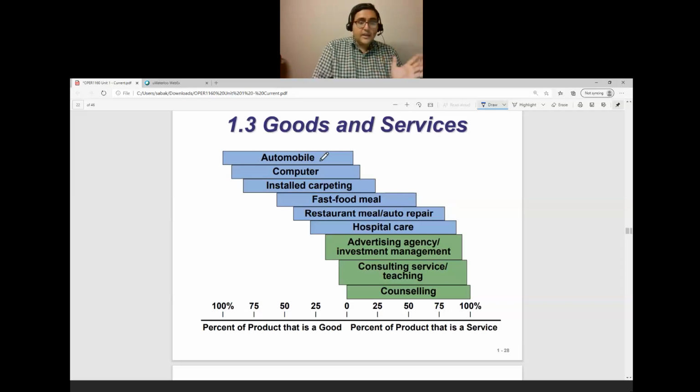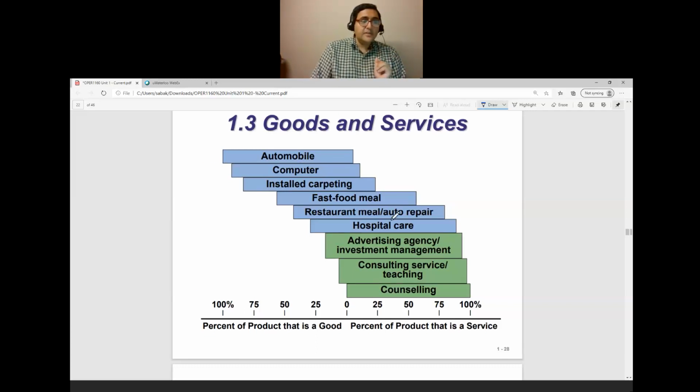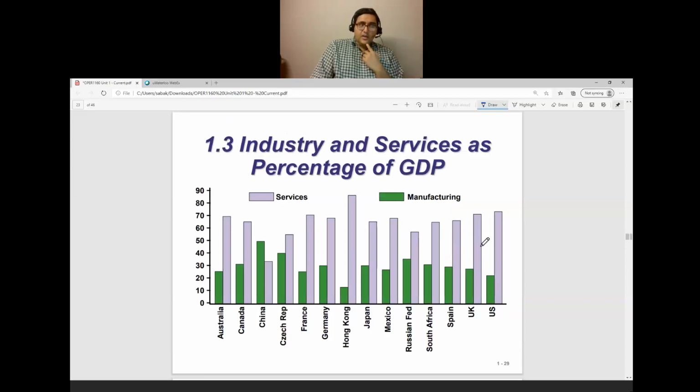Like the goods involved are you get your textbook and you get the videos, you are getting the PowerPoint slides and so on. So there are some goods involved in it. And mainly it is lecturing and discussions which are happening in our classrooms. So that's mostly a service industry, but there is a goods component involved in it.